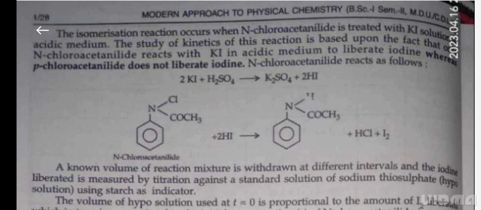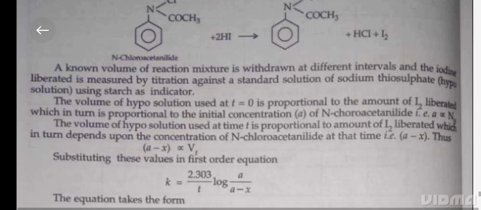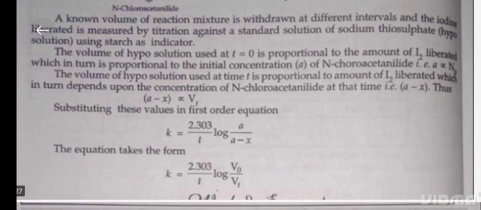N-chloroacetanilide reacts as follows. A known volume of the reaction mixture is withdrawn at different intervals and the iodine liberated is measured by titration against a standard solution of sodium thiosulfate using starch as indicator. The volume of hypo solution used at t is equal to 0 is proportional to the amount of I2 liberated, which in turn is proportional to the initial concentration of N-chloroacetanilide.